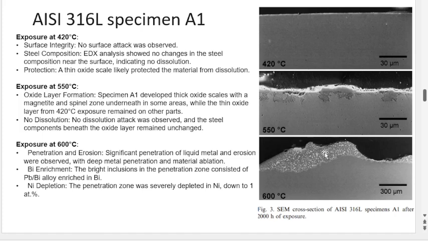We can see the formation of the PBBI penetration, and in some areas the thickness of the layer is very thin in comparison to other areas. It tells us that the erosion occurs.